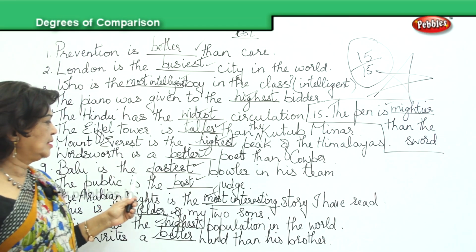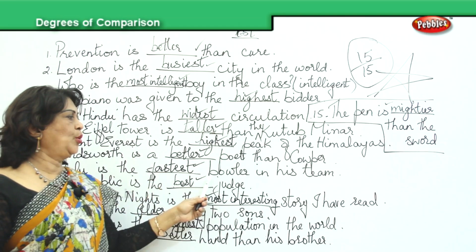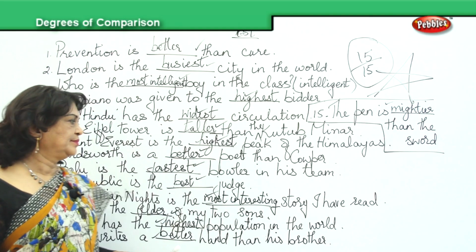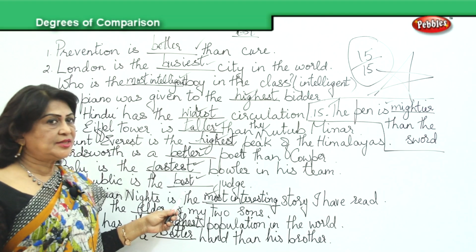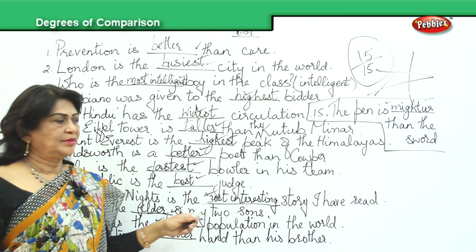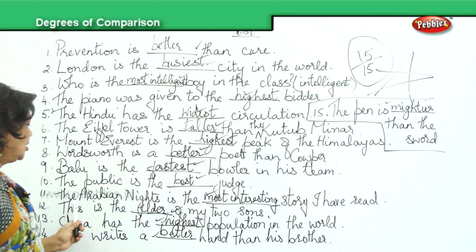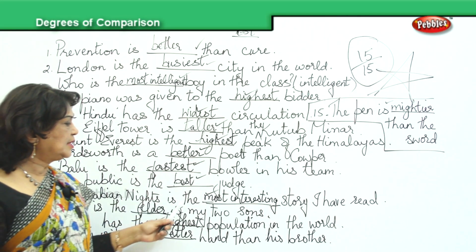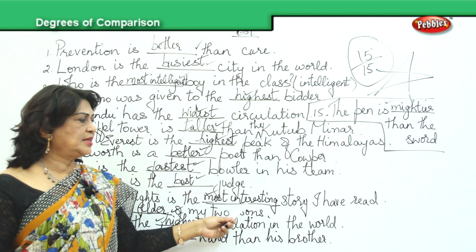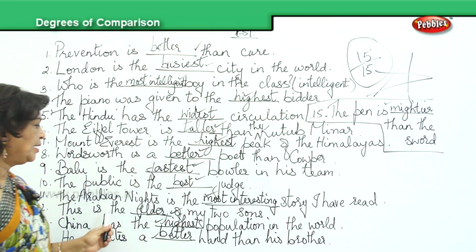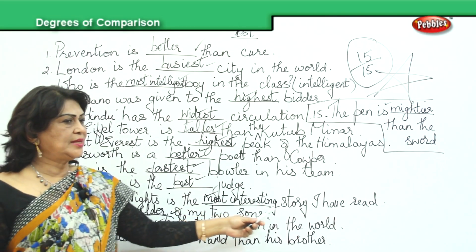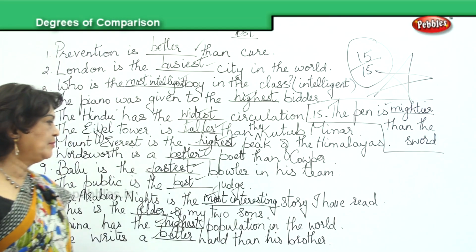Balu is the fastest bowler in his team. The public is the best judge. The Arabian Nights is the most interesting story I have read.